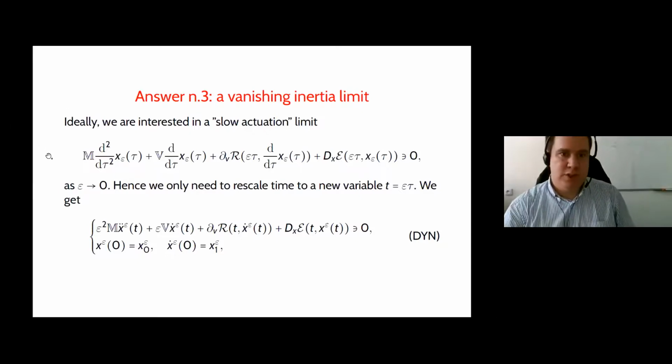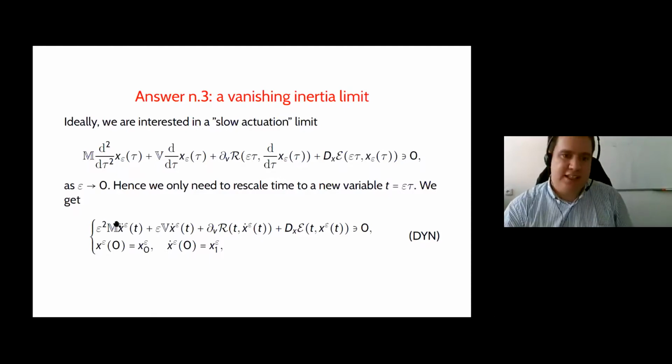So what we do is, as I told you before, we just rescale time. So we keep the dependence on time of the dissipation and of inertia in the same time scale. So we slow down the input and look at what happens. We rescale to a time variable that is of the same time scale as the equation.